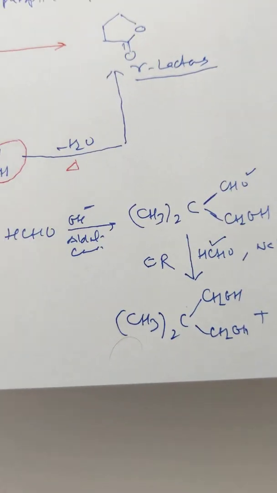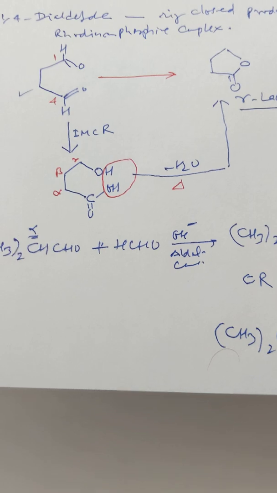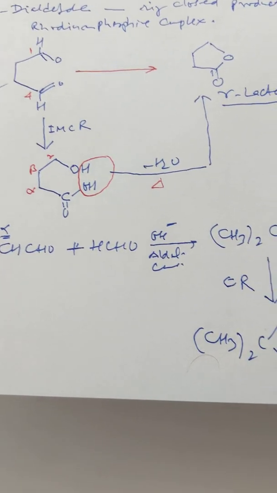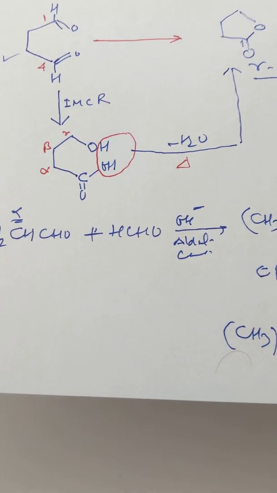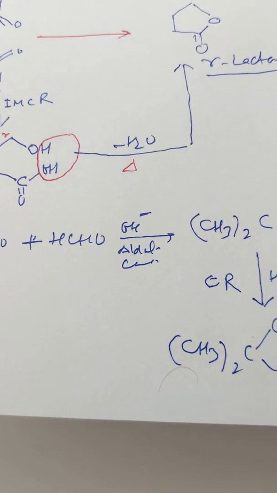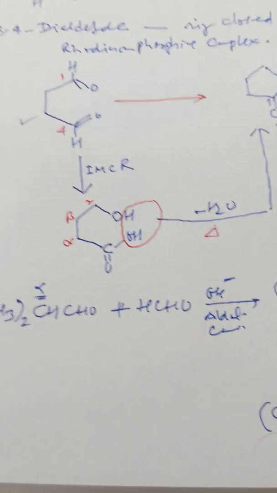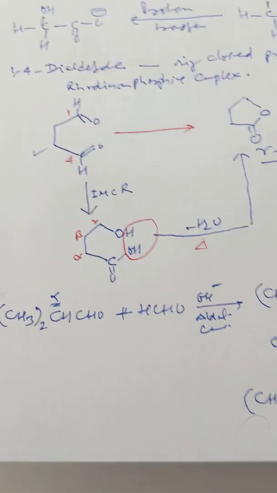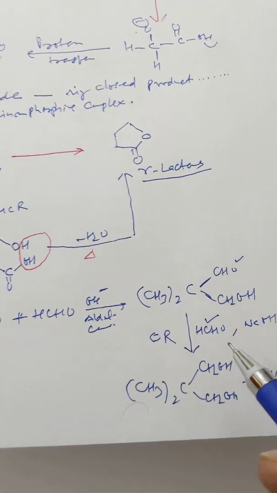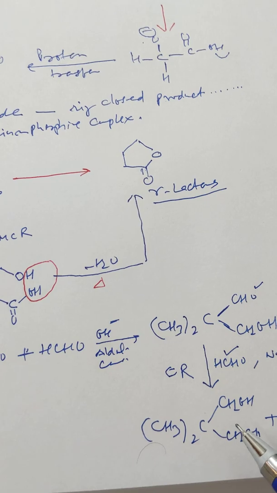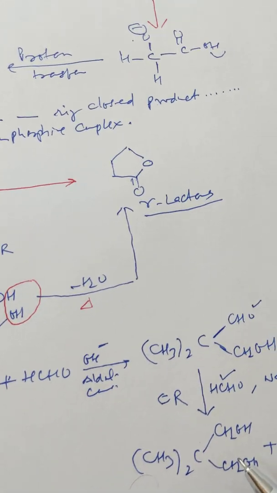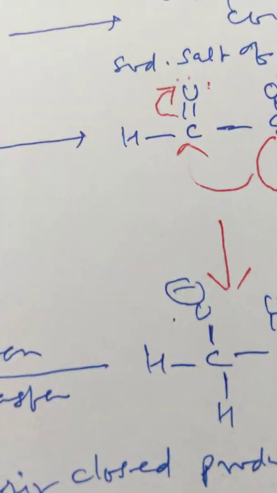So it is a very interesting and very important example for NET exams because it is a combination of aldol condensation as well as Cannizzaro reaction. So first is aldol because one of the aldehydes was having alpha hydrogen, and then it is a crossed Cannizzaro reaction. Okay, let us take some more examples related to this.